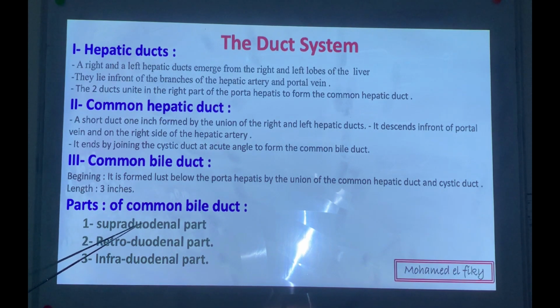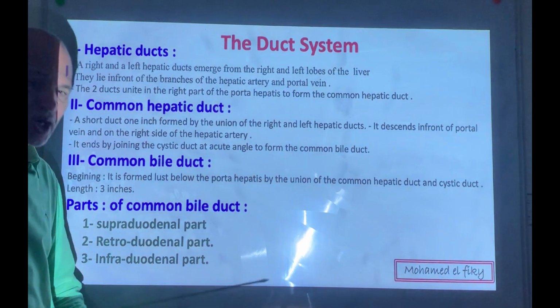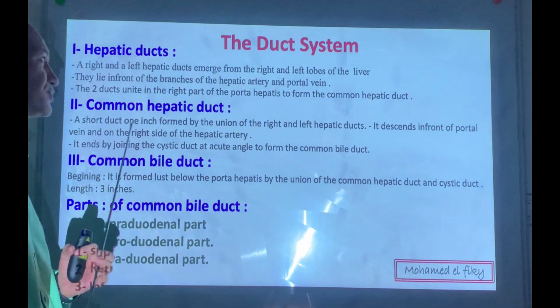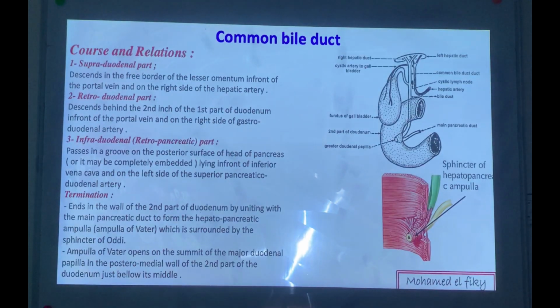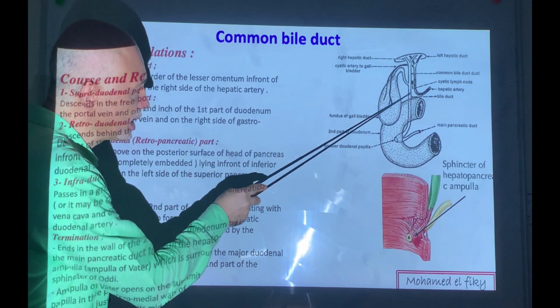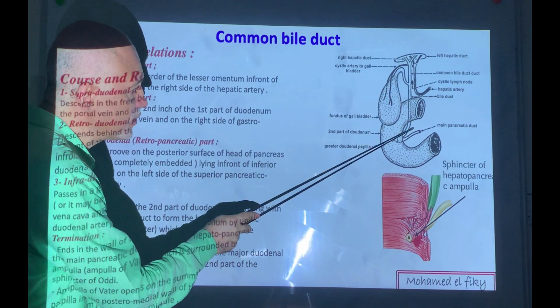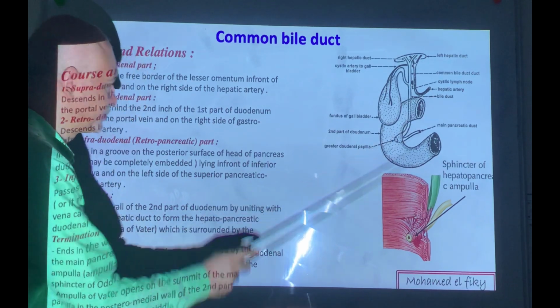The part above the duodenum, the part deep to the duodenum, and the part below the duodenum. The infraduodenal part may be called retropancreatic, because this part is posterior to the head of the pancreas. Again, the common bile duct: supraduodenal, retroduodenal, infraduodenal or retropancreatic.